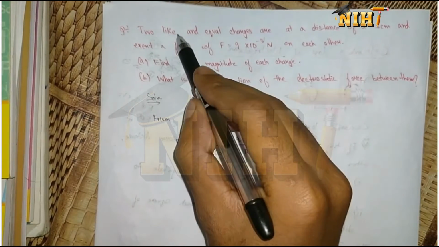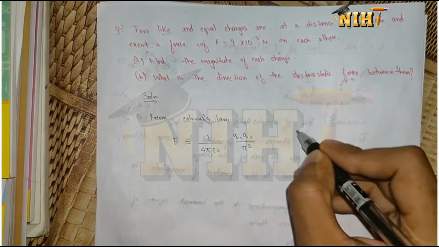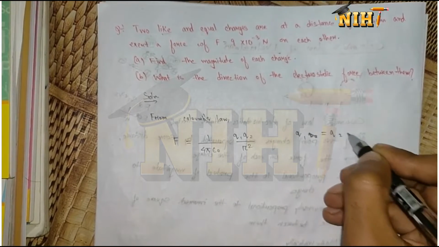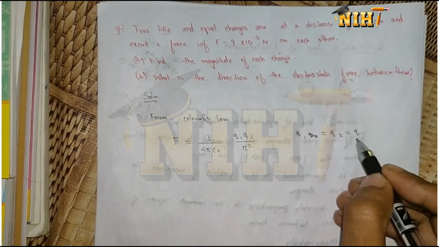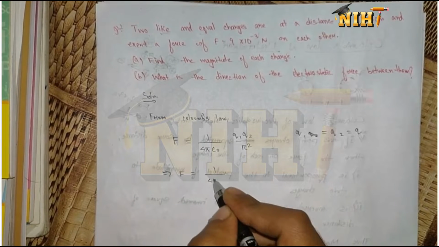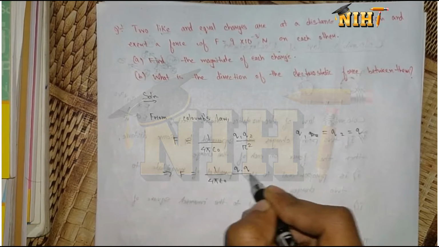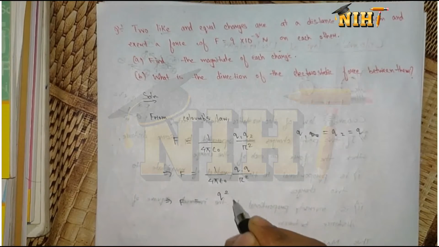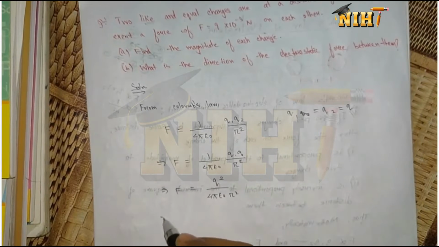As we have two like and equal charges, we can take q1 equals q2 equals q. So now F equals 1 by 4 pi epsilon naught q into q divided by R squared. So F will be nothing but q squared divided by 4 pi epsilon naught R squared.